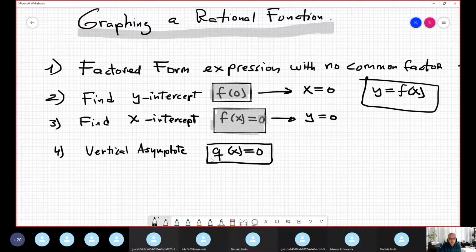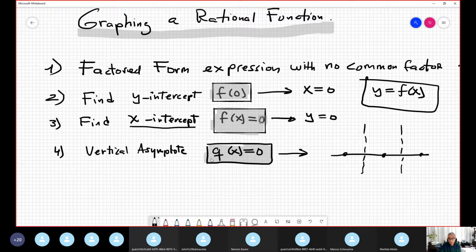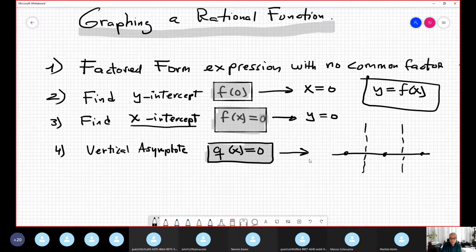And immediately, in my opinion, this is a moment to start the graph. You draw the vertical asymptote using a dotted line. You plot the x-intercepts, maybe 1, 2, 3, or 1 or 2, depending on the problem. And you plot that.